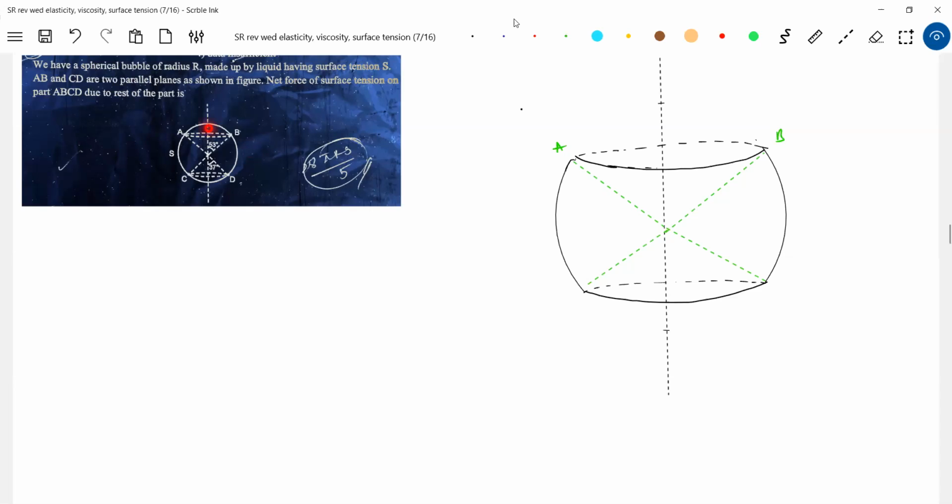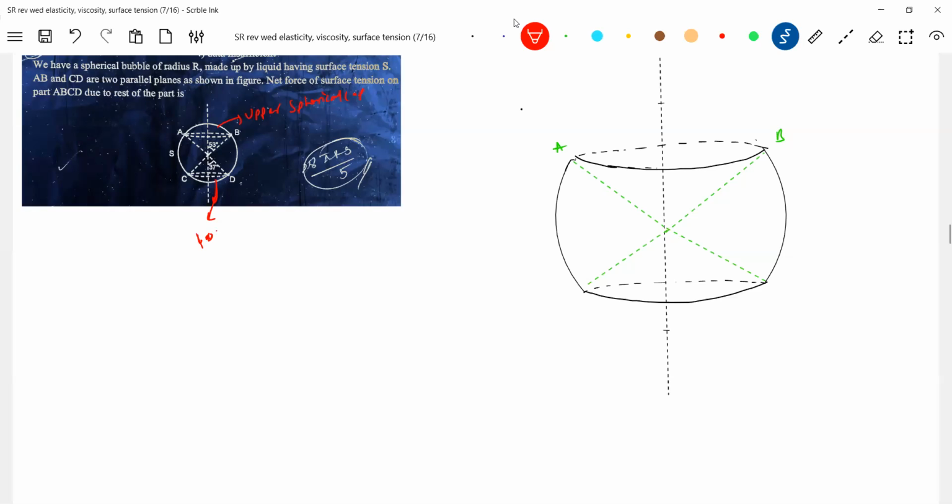So the force by this removed part here, or say, shall I call spherical cap, upper spherical cap, lower spherical cap. Force by the upper spherical cap. That is straight away we can manage.